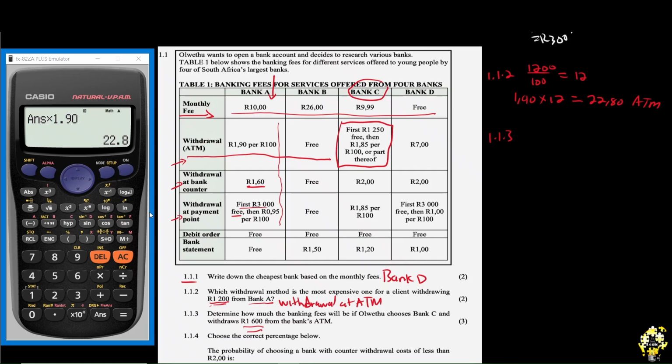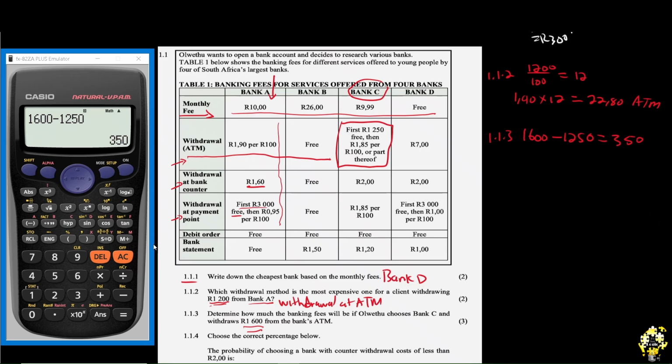Let's first start by subtracting what we are getting for free. If we are withdrawing 1,600, we are not going to be charged for 1,250. So that means the only amount we are going to be charged for is 350.